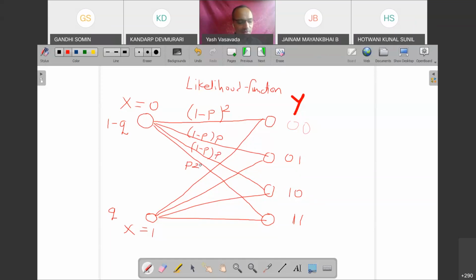Now, if you have a doubt whether the calculation that you did is correct or not, remember that this is the conditional PMF. Conditional PMF of Y, the 4 possibilities of Y, when the cause is 0. Now, all the PMFs have to add up to 1.